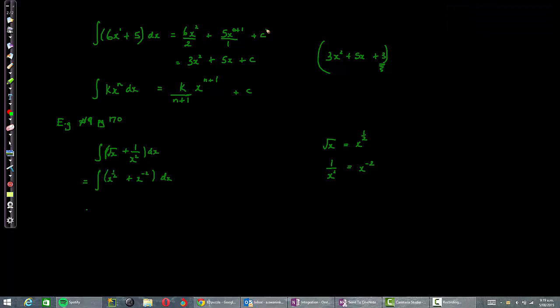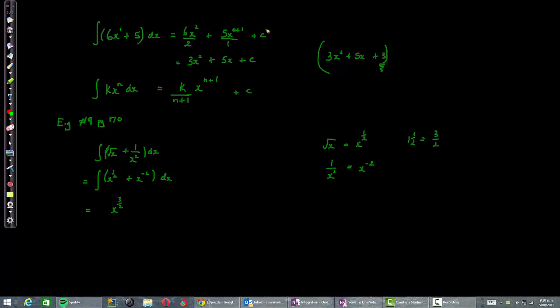And then we're going to apply this anti-differentiation rule to each part here. Right, so let's start off with x to the power of a half. Now half plus 1 is 1.5. Okay, that's fair enough. But 1.5, I'm going to write that as a top-heavy fraction, and I'll explain why in a moment.